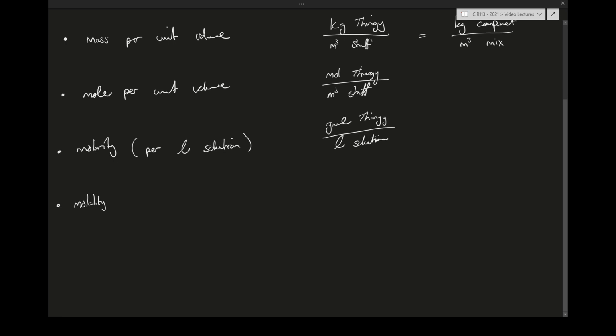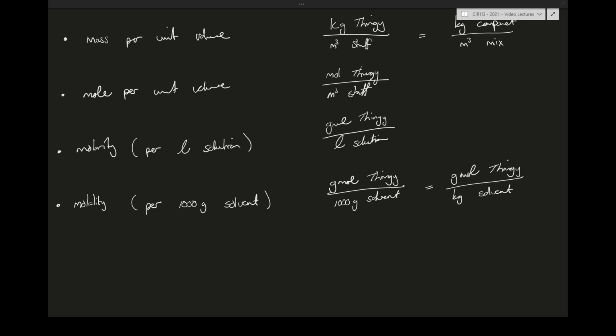The next one we have is molality, which is per 1000 grams solvent. So this is gram mole thingy per 1000 gram solvent, which is equal to gram mole thingy per kilogram solvent.